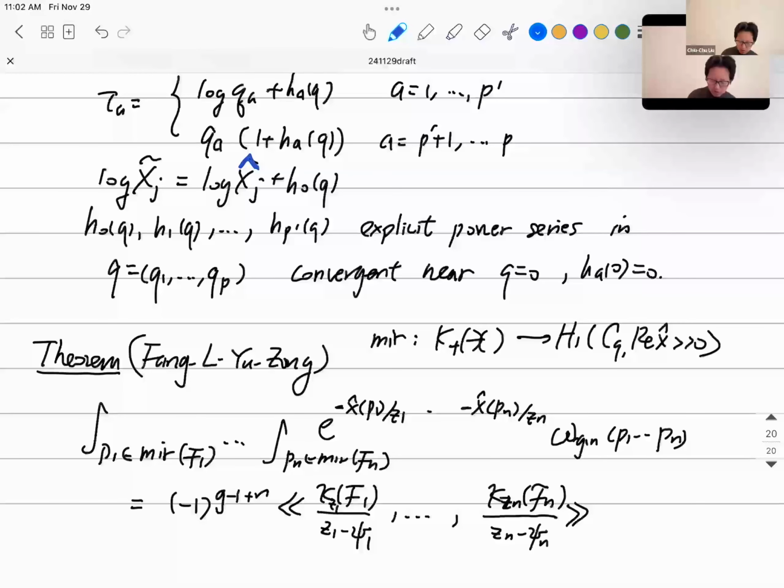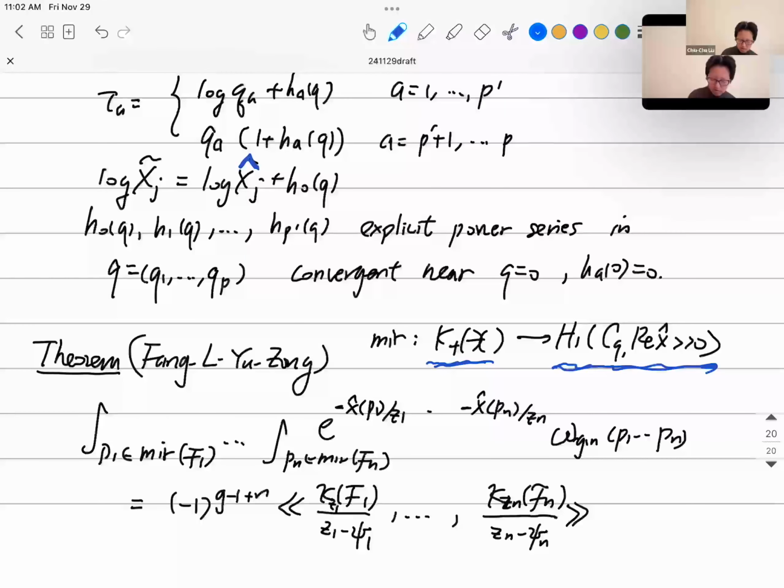You integrate on the cycle such that this converges. So the integral converges, and now it will depend on the little q and also Z1 to Zn, and also the input. So on the A side, you get some bounded below K theory.